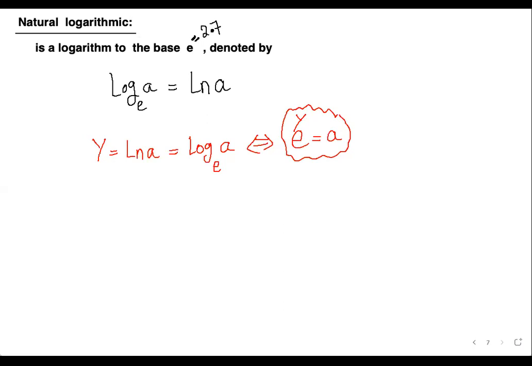So we have some properties for the natural logarithm. Like before, properties of natural log. The natural log is the ln function. Here logarithm of a to the base e is the same as ln of a.